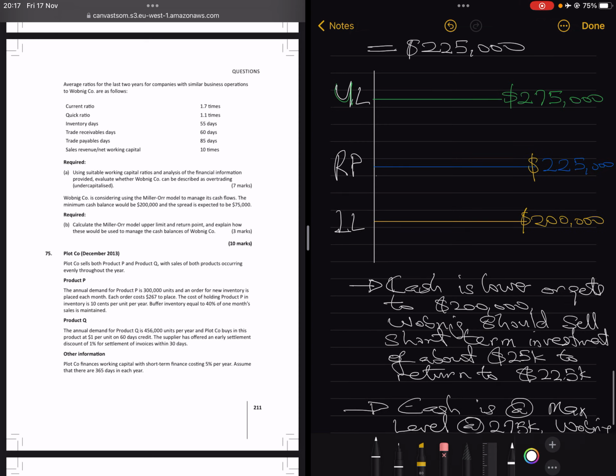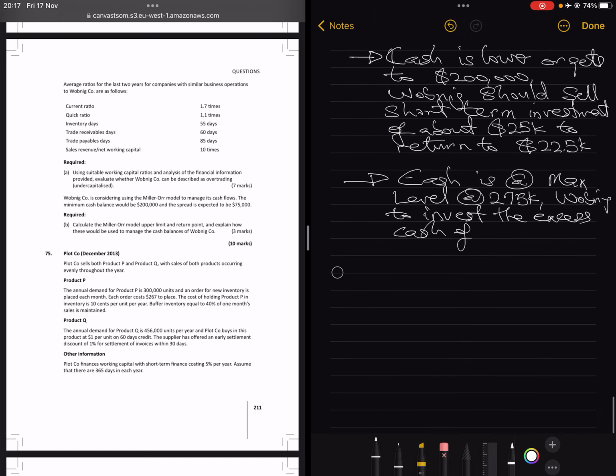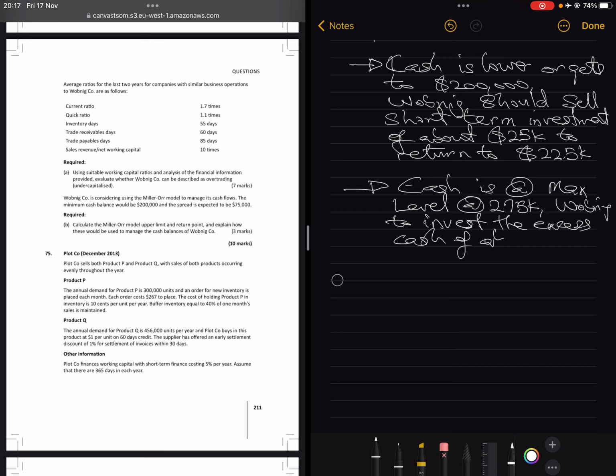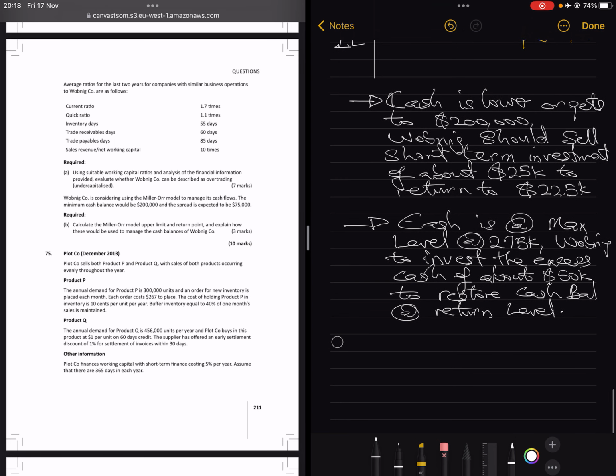Remember, we want to come down to 225, so the difference is about 50k. So invest the excess cash of about 50k to restore the cash balance to the return level. Those are the two things that can be done, and that's the way Miller-Orr is used for cash management.